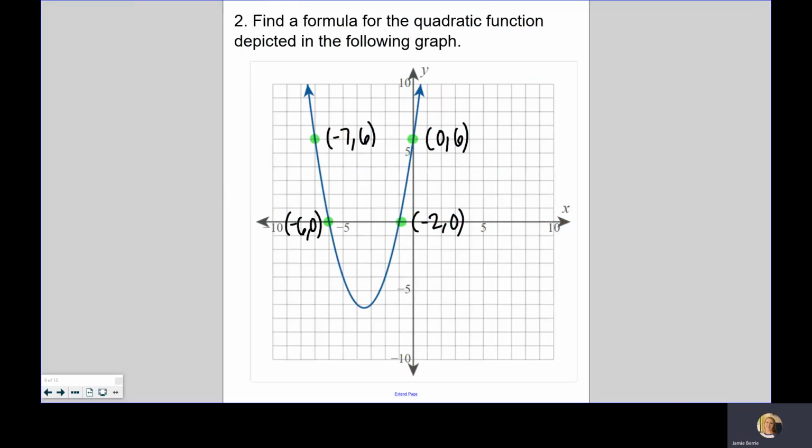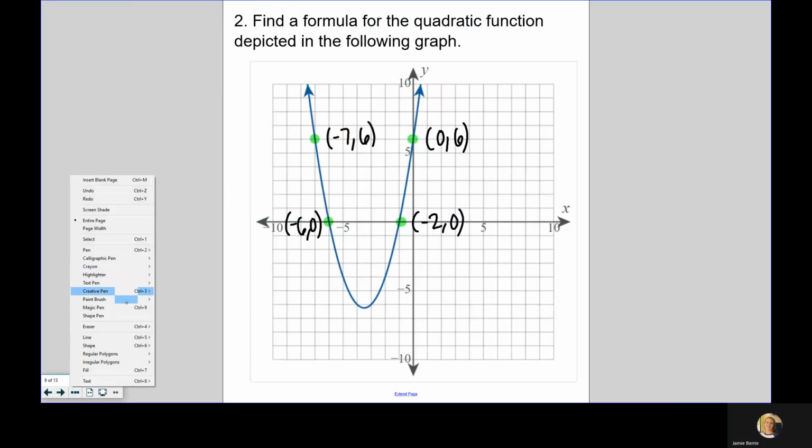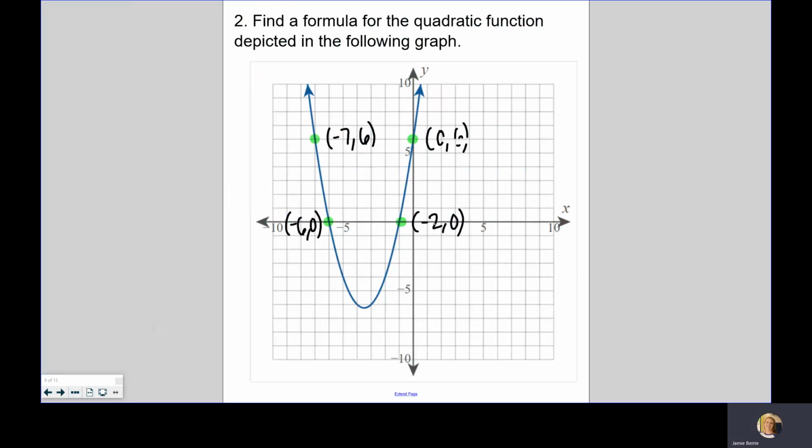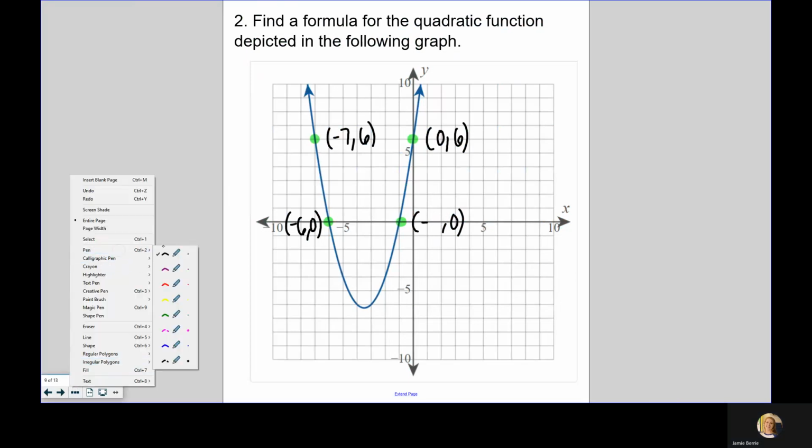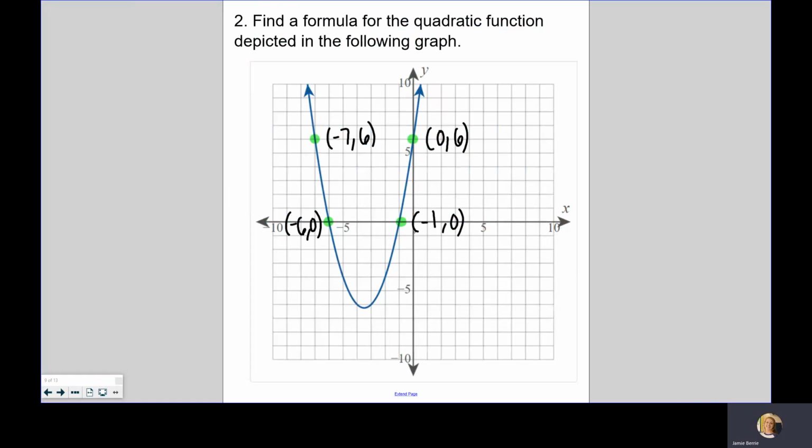Did I do something wrong? Oh, did y'all see that whenever I did that the first time? I didn't even notice that I identified that point wrong. Let's fix that really quick. I identified that one as negative 2, 0, but that was actually negative 1, 0, wasn't it? That was supposed to be negative 1, 0. So this is the origin, so that would be negative 1. That was my bad. Sorry, guys. Gotta fix that.